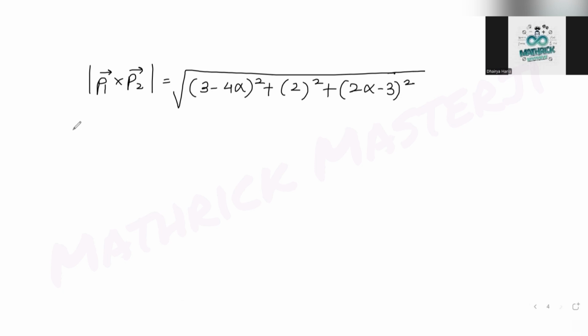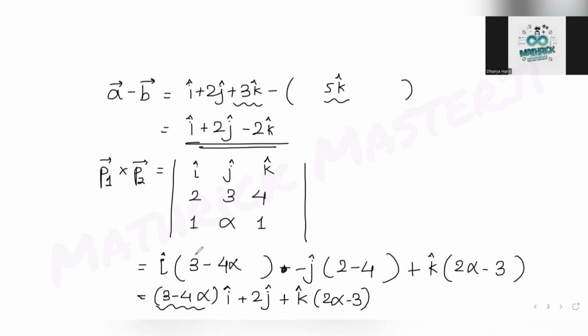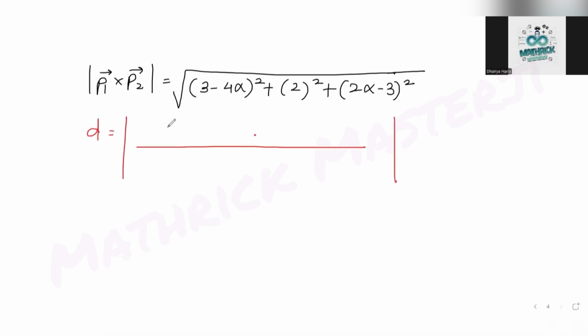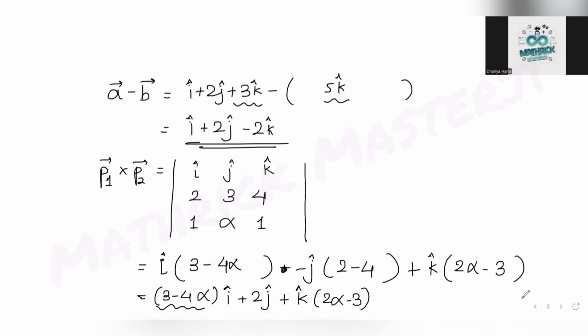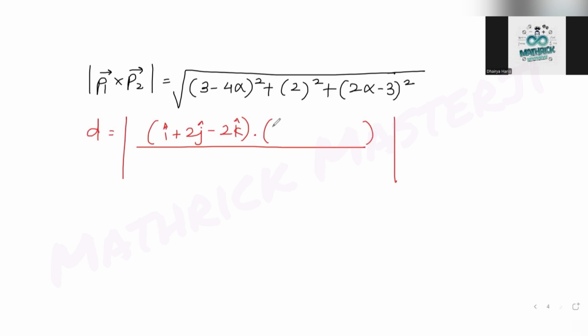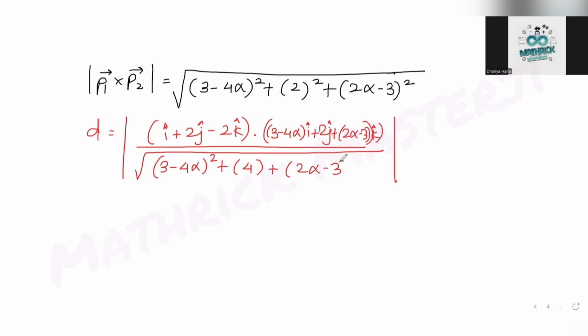Now that I have this, the shortest distance between the two lines is asked, so d becomes the absolute value of the dot product of A minus B, which is i plus 2j minus 2k, with the cross product (3 minus 4 alpha) i cap plus 2j cap plus (2 alpha minus 3) k cap, the whole thing divided by the root of (3 minus 4 alpha) whole square plus 4 plus (2 alpha minus 3) whole square.